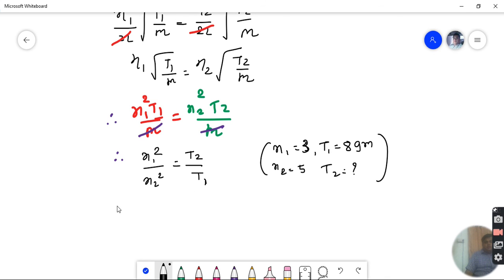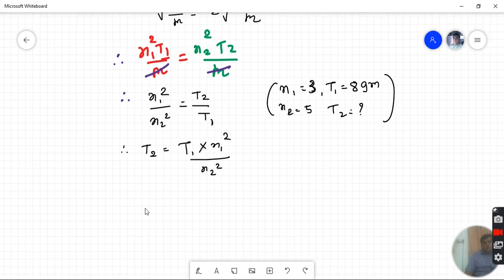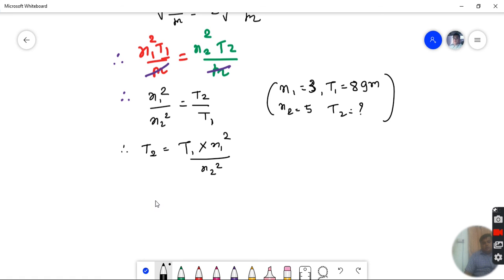Therefore T2 equals T1 multiplied by n1 square divided by n2 square. T2 equals, what is the value of T1? 8 gram, multiplied by n1 square, 9, divided by n2 square, 25.